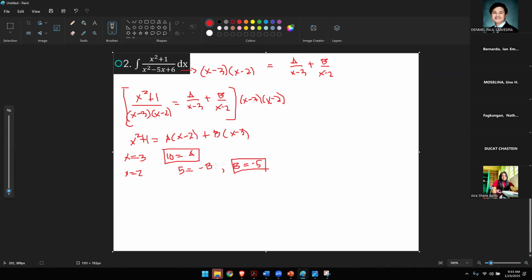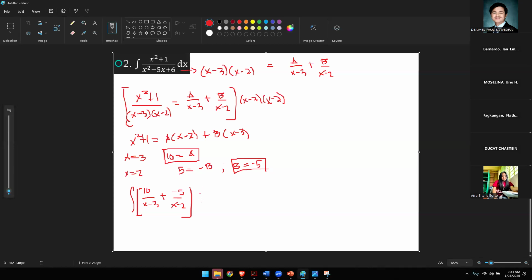And since we now have the values for a and b, we can now plug that into our equation. Okay, a is 10, b is negative 5.